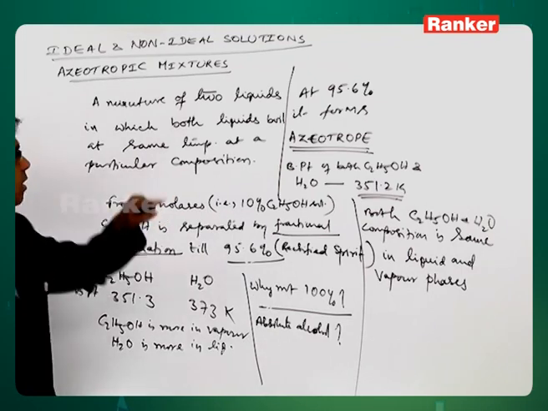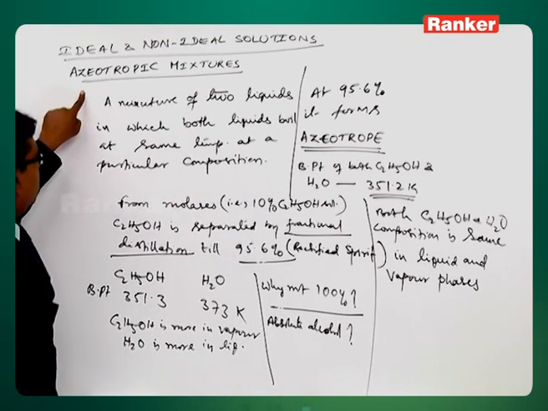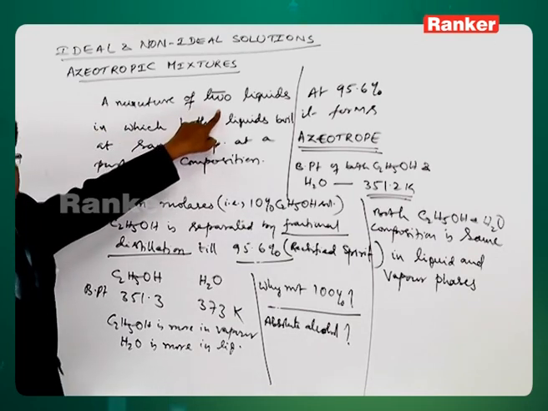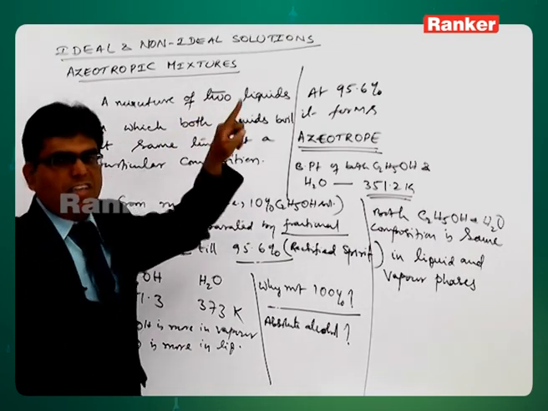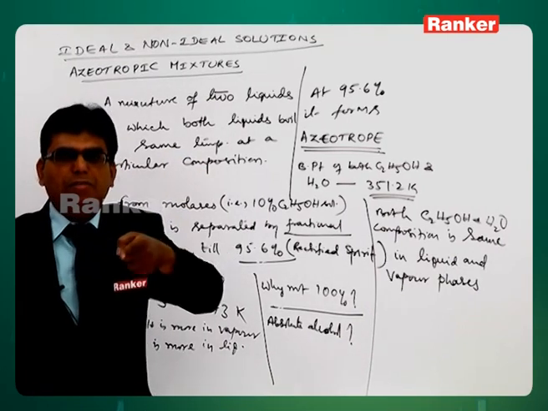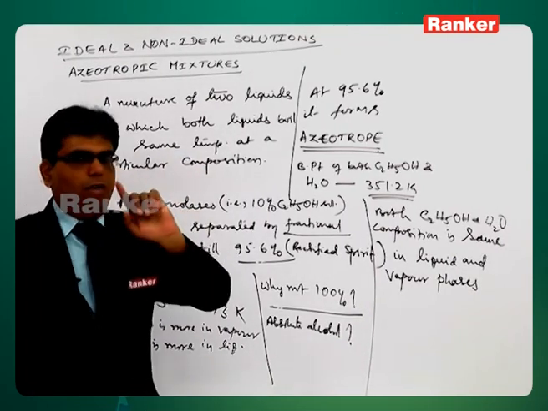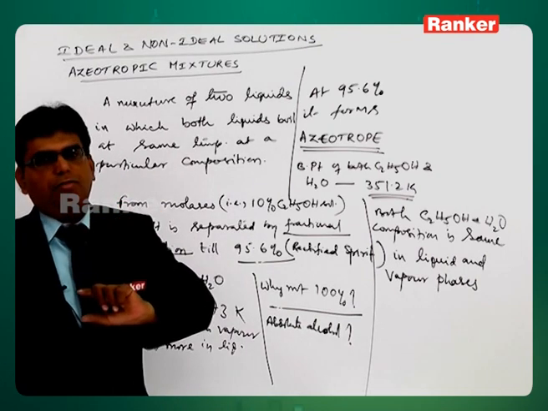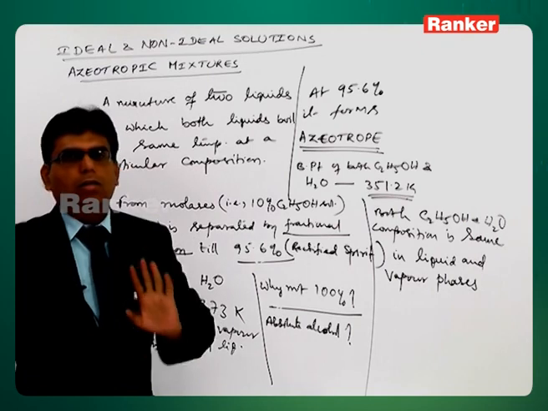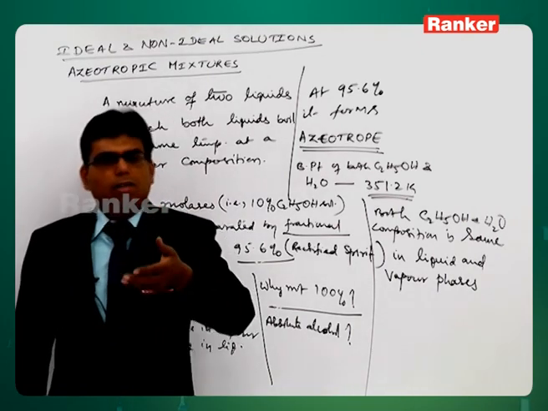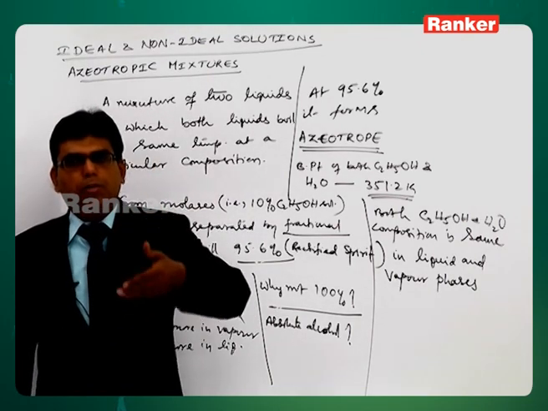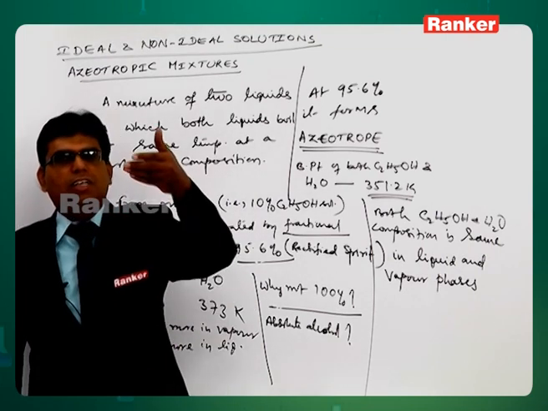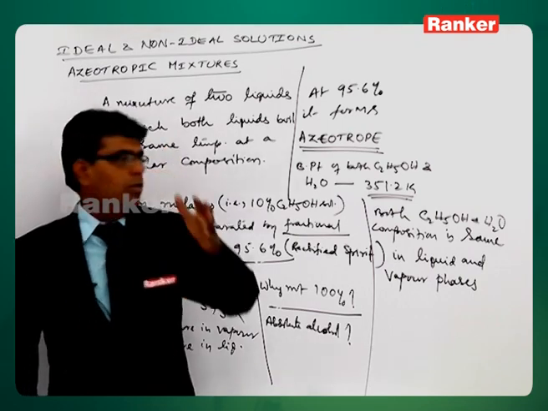So, the other way we can define azeotropic mixture is as a mixture of two liquids whose composition is same in both liquid phase and vapor phase. Whatever the composition we have in liquid phase, same composition you will have also in vapor phase. So, as a result, when you keep on distilling the liquid mixture, same liquid mixture you will get in vapor state also.